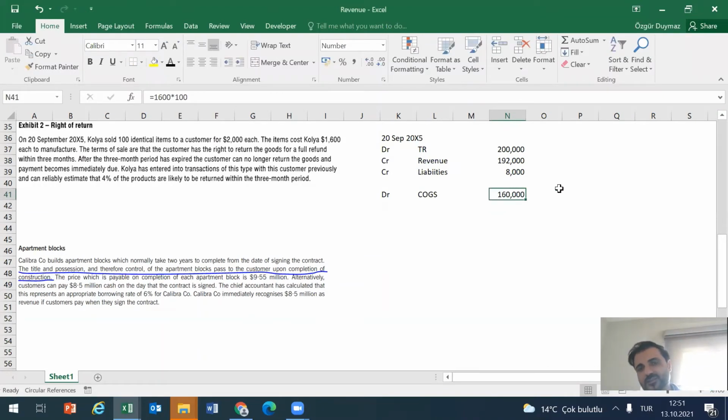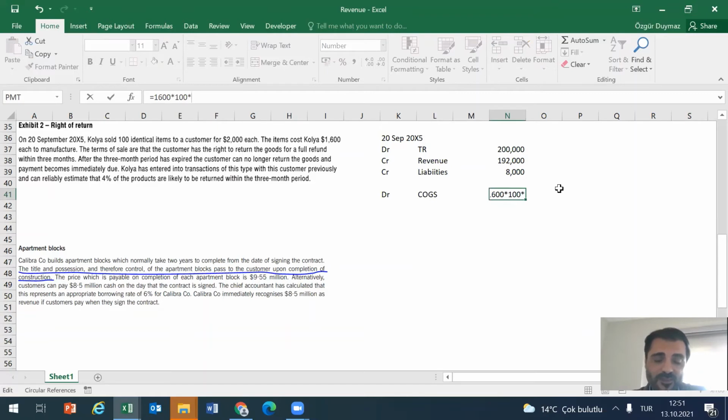But in the initial recognition, there is still a possibility that 4% of the product might be returned to the manufacturer, named Collier. And in the initial recognition during the sales, the whole amount cannot be recorded as cost of goods sold.